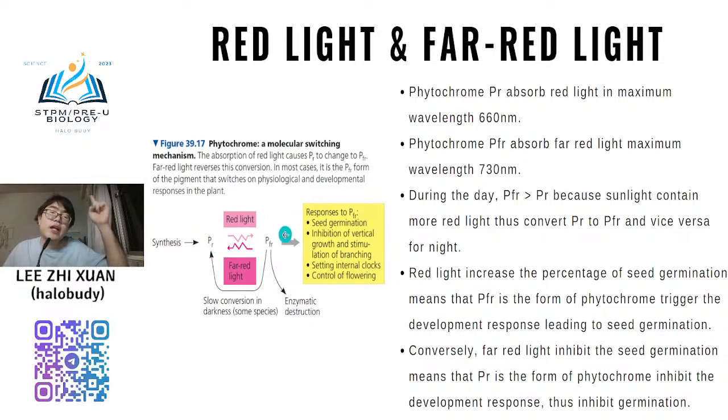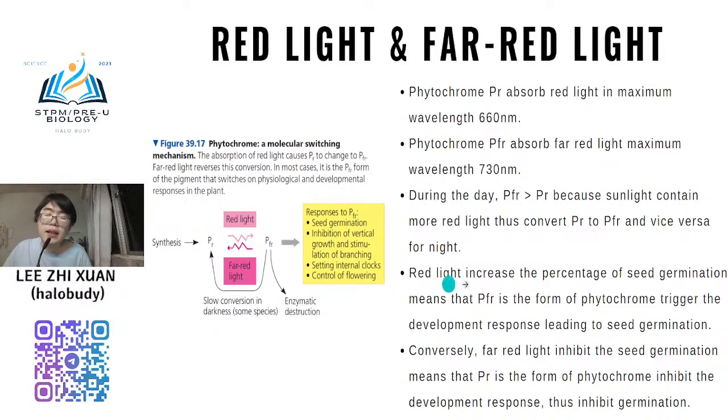PR akan tukar kepada PFR when exposed to red light. So that is why we call it PR, kerana dia absorb red light. Lepas tu dia akan tukar kepada PFR. And then PFR akan absorb far red light during the night, tukar kepada PR. So normally this process will inhibit the response to seed germination.